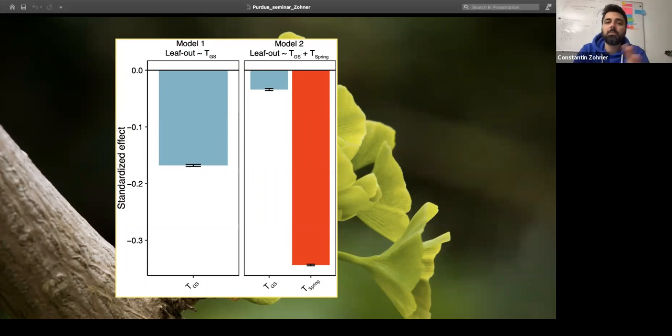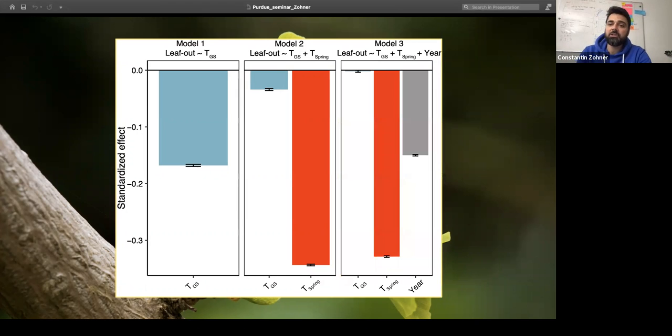One relatively simple way to account for that is to additionally include year as an effect. So just look at, is there a temporal trend in leaf out? And if we then additionally include year as an effect, we see that the effect of the growing season temperature, or growing season productivity, of the previous year completely disappears.